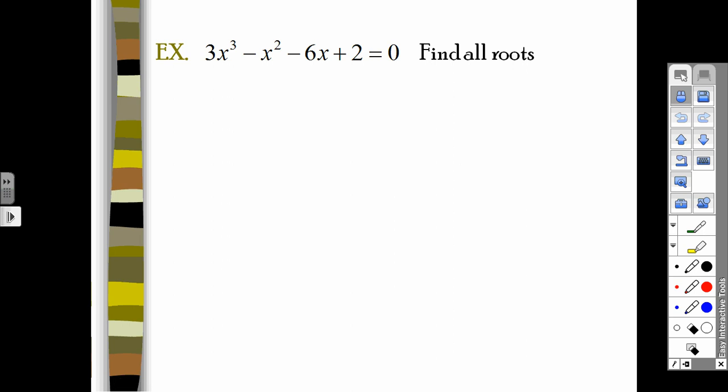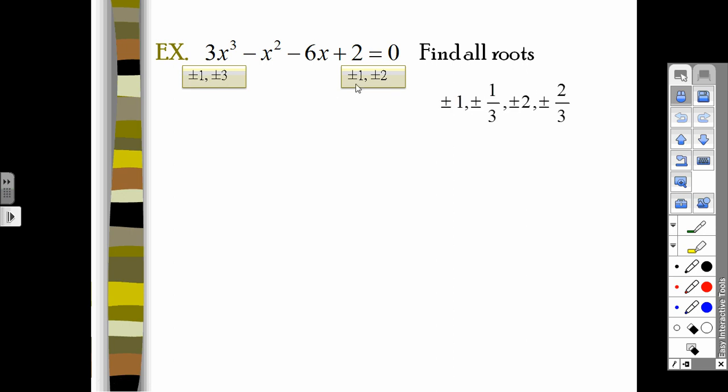They give us this equation, this polynomial, that we are asked to find all roots. So the first thing I'm going to do is figure out what the factors are for 2 and 3. The factors of 2 are plus or minus 1 and plus or minus 2. The factors of 3 are plus or minus 1 and plus or minus 3. So when I build my pool of possible numbers to use for synthetic division, I'm going to do all the combinations of these numbers divided by those numbers.